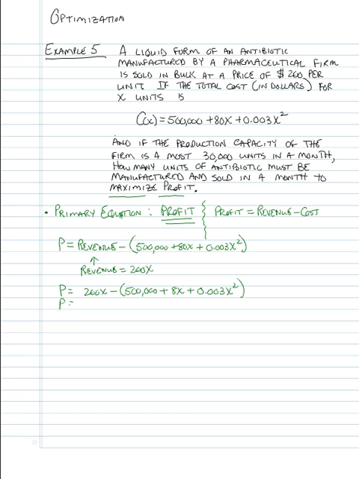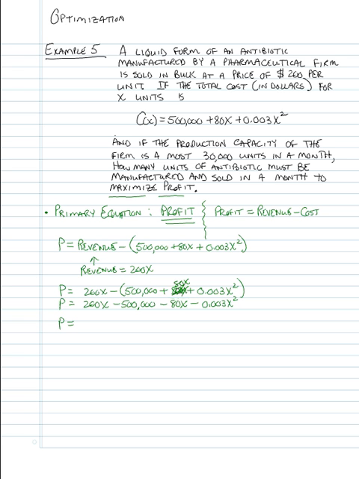So that simplifies to 200X minus 500,000 minus 80X minus 0.003X squared. Sorry about that. And I see I have 200X and I have minus 80X, so that simplifies further.